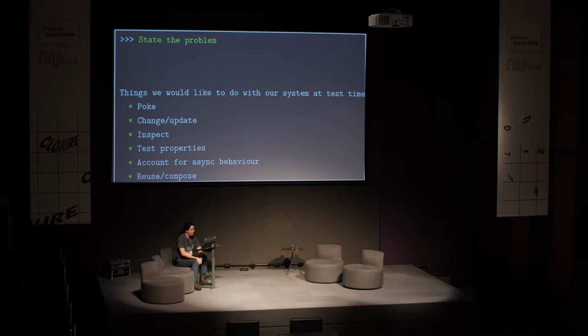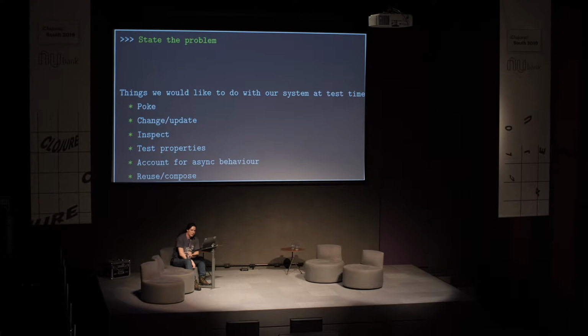What I mean by poking is you want to interact with your system, like try this HTTP endpoint and look at how your system reacts to it. You want to change your system, update it to, I don't know, some configuration version or some other thing. You want to be able to inspect your system and see what's going on inside it. You want to be able to test properties on it and check if everything is working as you expected it to be.